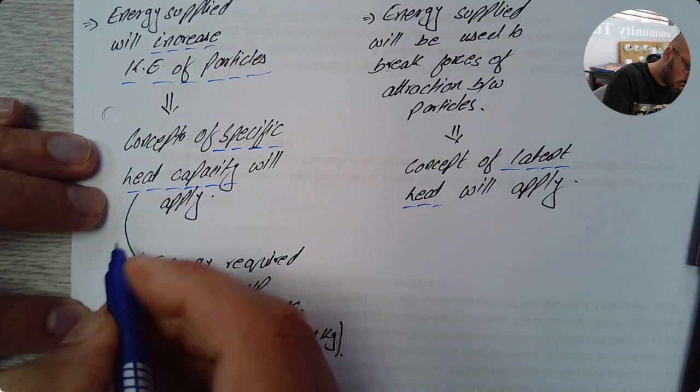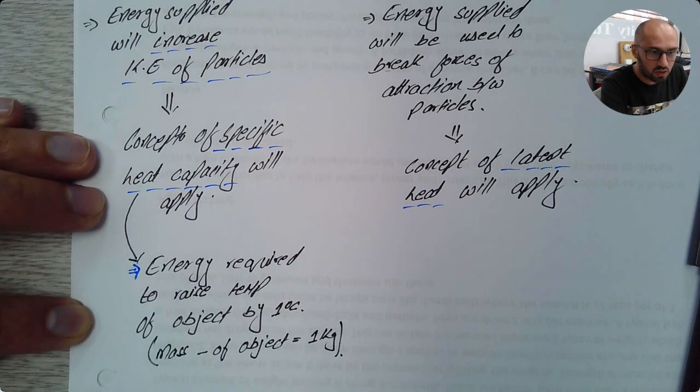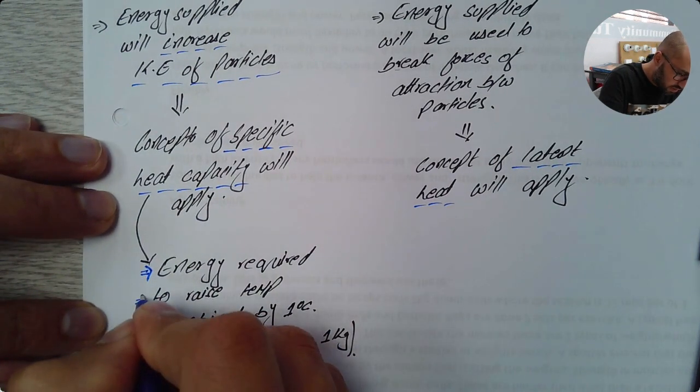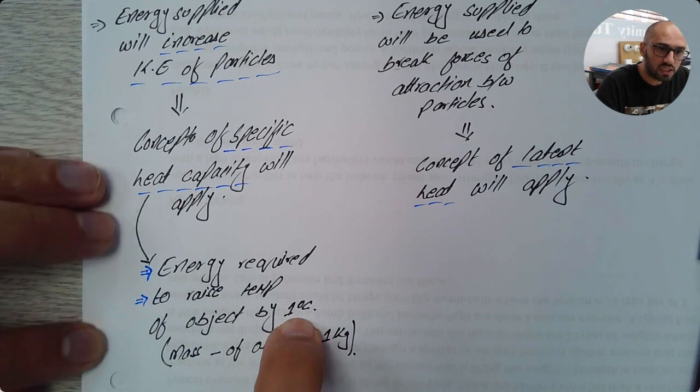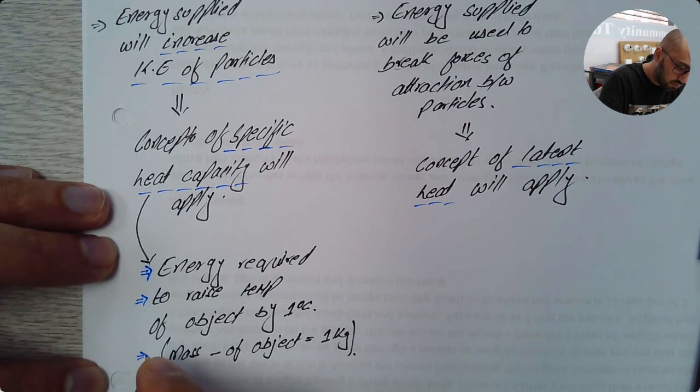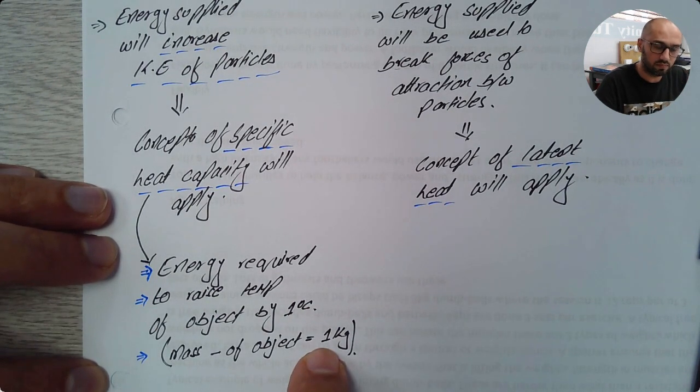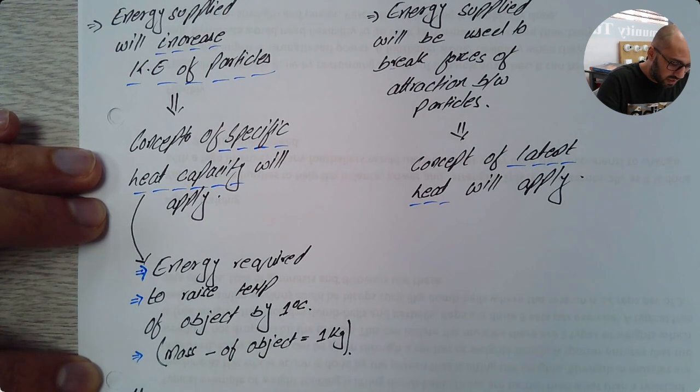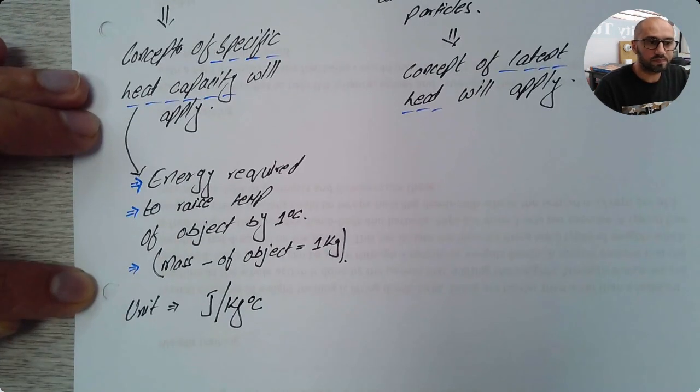So it has three components to it. It is energy required to raise temperature of an object by 1 degree Celsius, and the mass must be 1 kilogram. The unit for specific heat capacity is joules per kilogram degree Celsius.